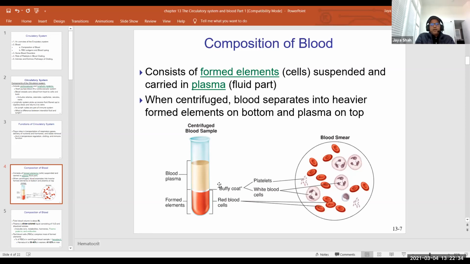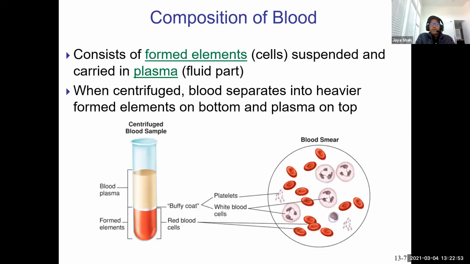Okay. Now, if you take a blood sample and spread it on a blood slide and make a smear, you're going to see blood cells. So you see these are red blood cells. Red blood cells are also called erythrocytes because of their red color.